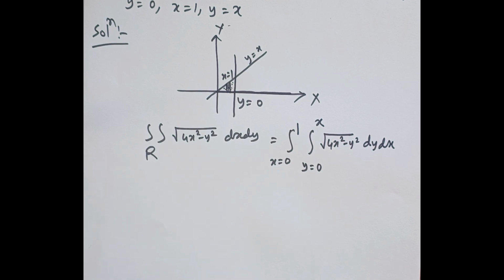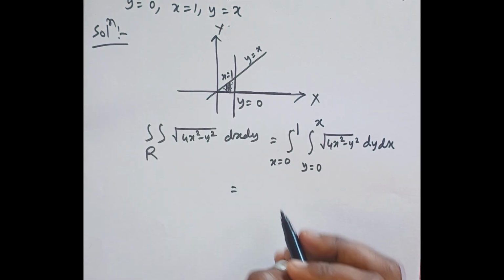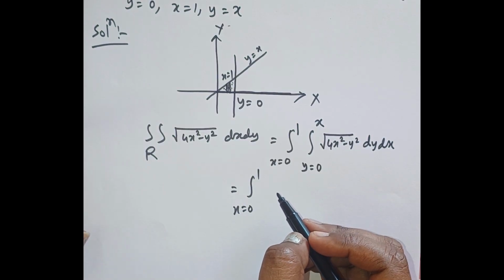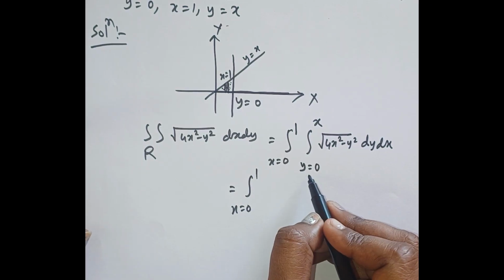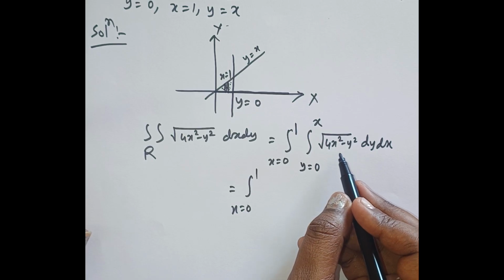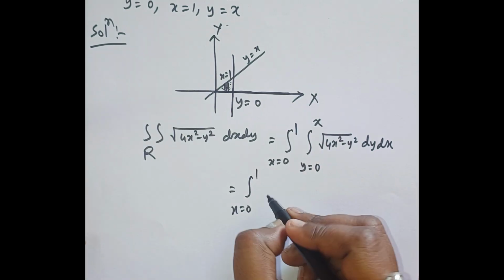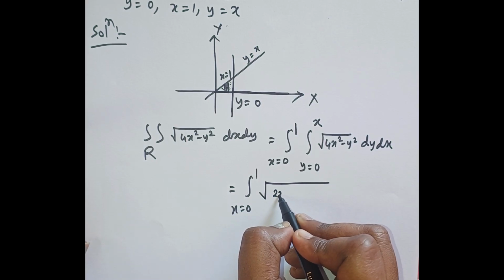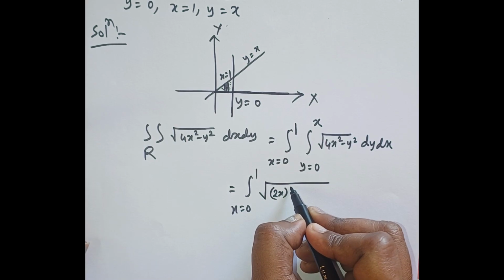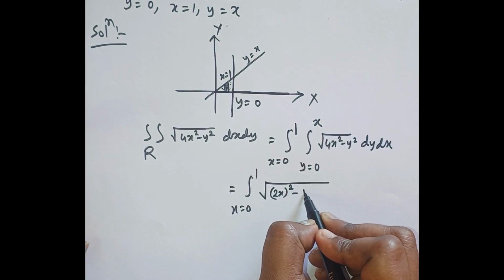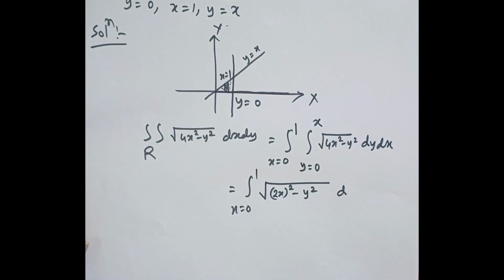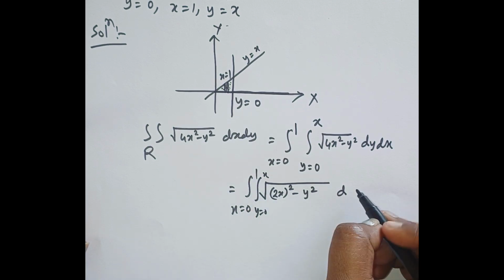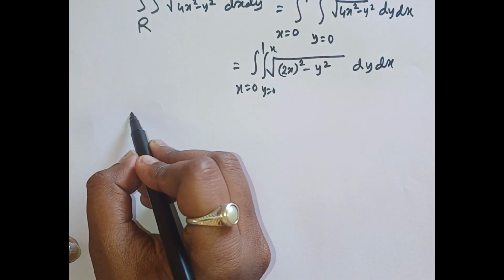Now only thing is to calculate. This you can do. x equal to 0 to 1, and you can see that this is a formula. Okay, so which formula? Square root of a square minus x square. So a is here 2x whole square minus y square, and dy, also one integration sign will be there, y equal to 0 to x, dy dx.